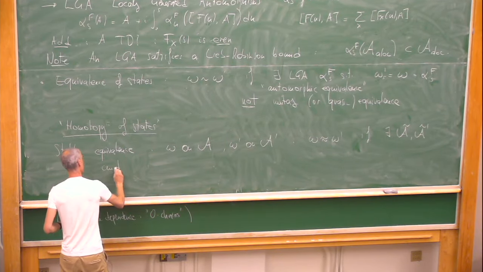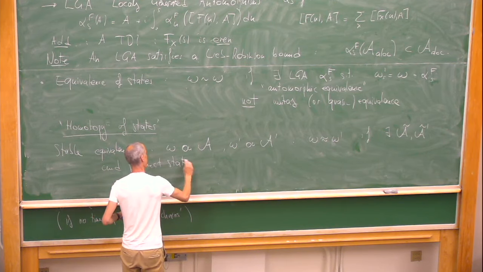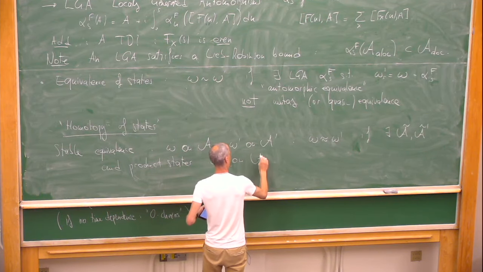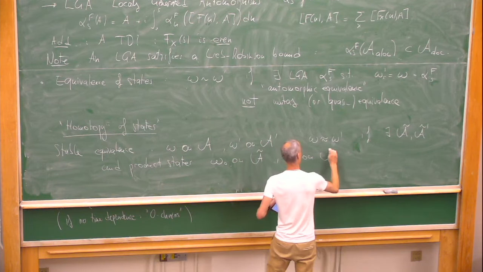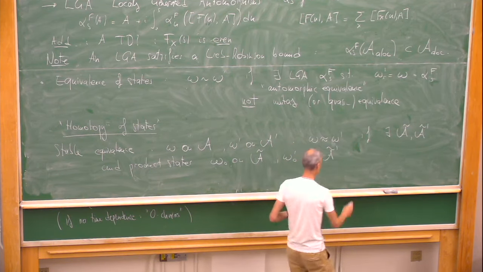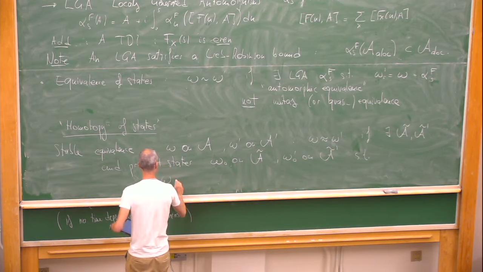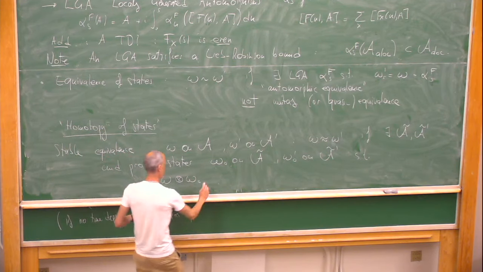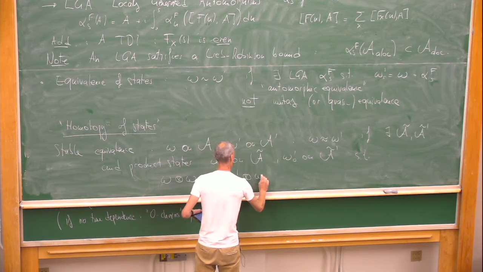and product states omega 0 on A tilde and omega 0 prime on A tilde prime, such that if you stack omega with omega 0, then this one can be deformed to omega prime stacked with omega 0 prime.